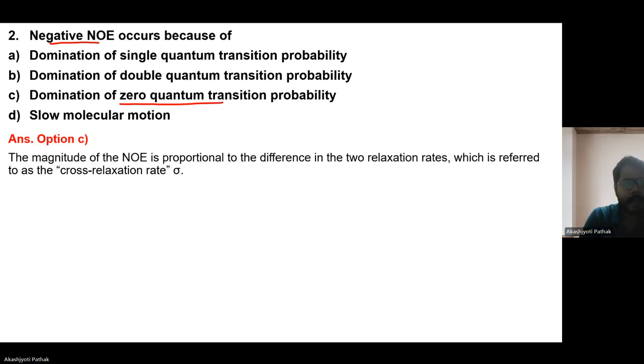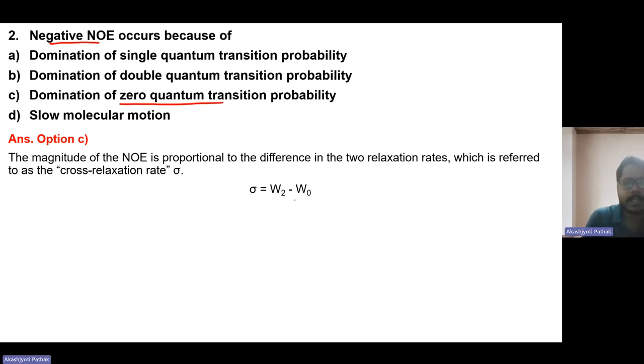Because the magnitude of the NOE is proportional to the difference in the two relaxation rates, which is referred to as the cross relaxation rate, or sigma. This sigma is given by W2 minus W0.